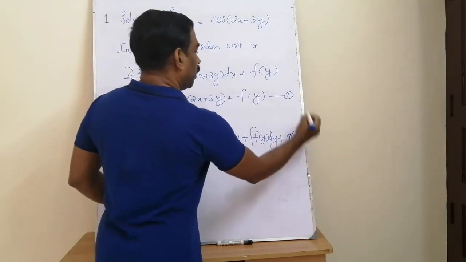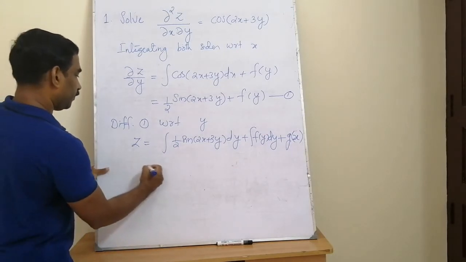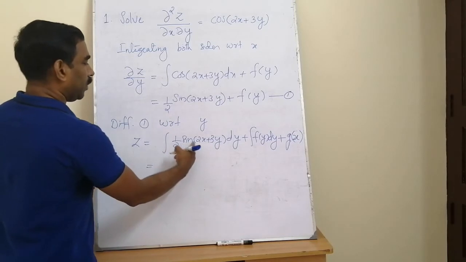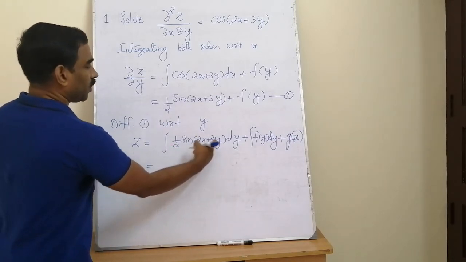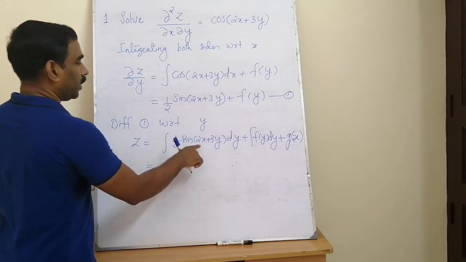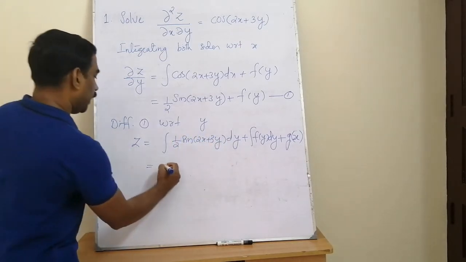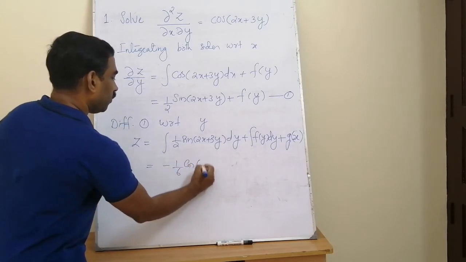So we have another arbitrary function, say g. That is equal to the integral of sin(2x + 3y), that is minus cos(2x + 3y), divided by the derivative of 2x + 3y with respect to y, that is 3, giving minus 1/6 cos(2x + 3y).